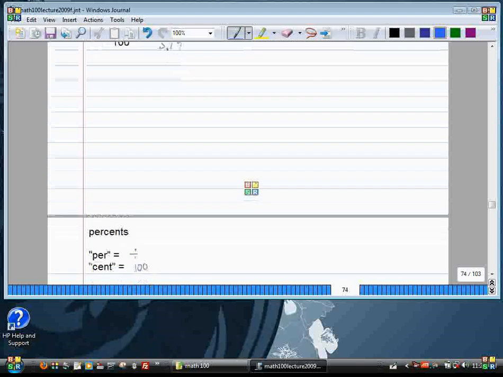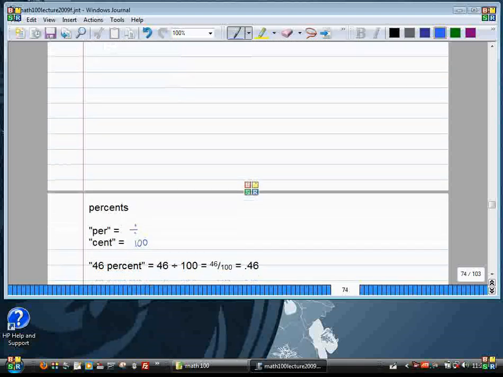So when you say 46%, just translate that into English. 46 divided by 100. It tells you directly what you're supposed to do if you understand language. So that's actually where the word percent comes from.